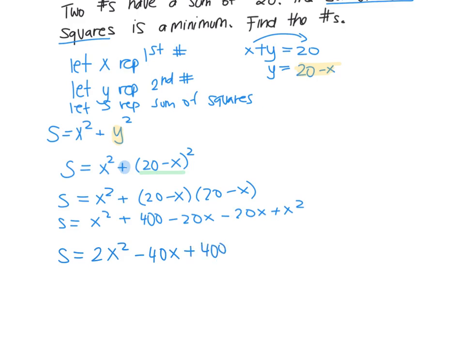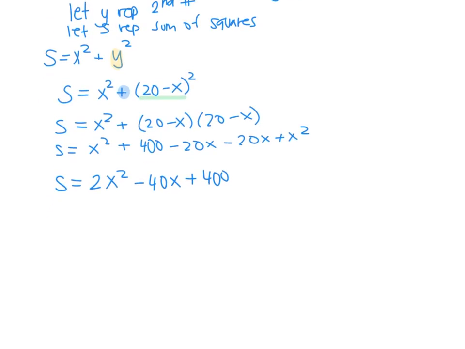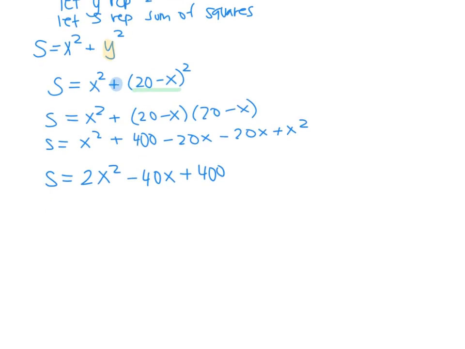Now I have it in standard form. And now you have the option to either complete the square or factor this first and then average your zeros. I personally, if I have it in standard form, I just jump to completing the square. So I'm going to just finish this question off so that we can refresh on completing the square as well.